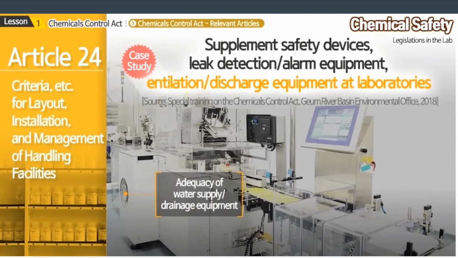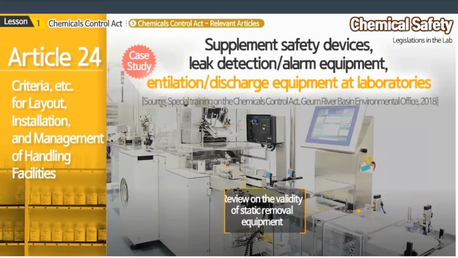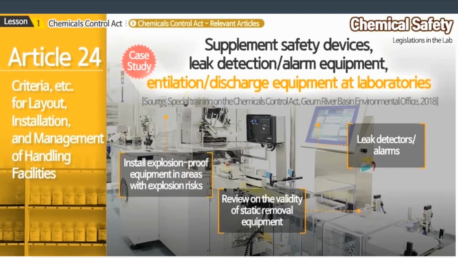In some cases, labs must confirm the adequacy of their water supply and drainage equipment, as well as emergency equipment or washing facilities, and review the validity of static removal equipment. Labs should also install leak detectors, alarms, and explosion-proof equipment in areas with explosion risks.